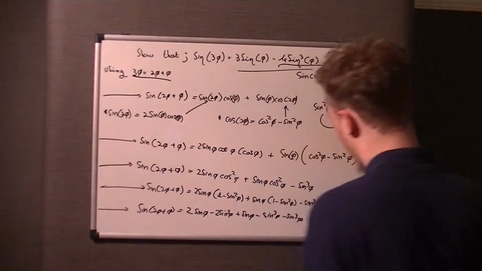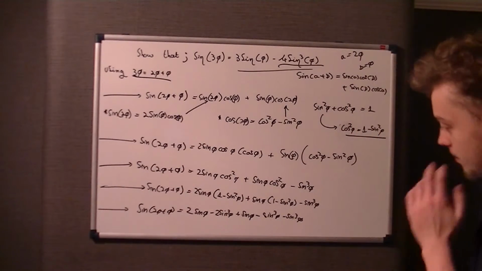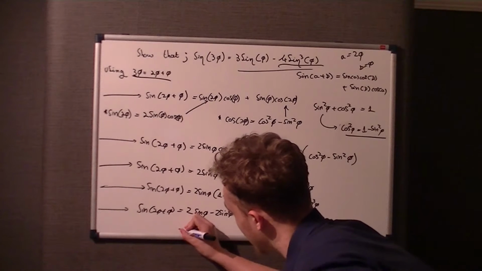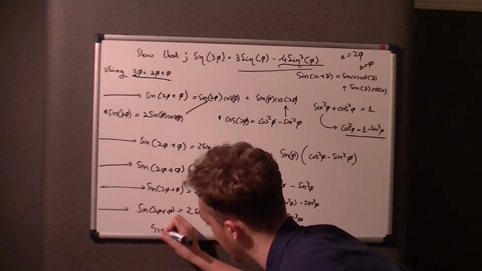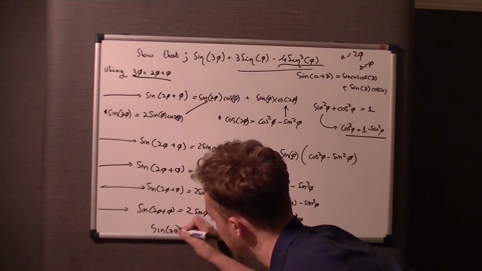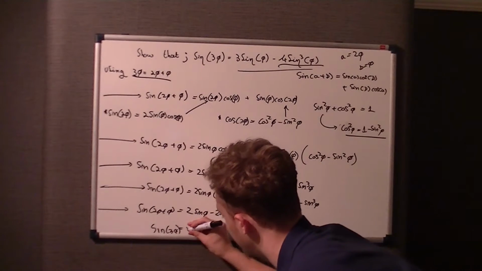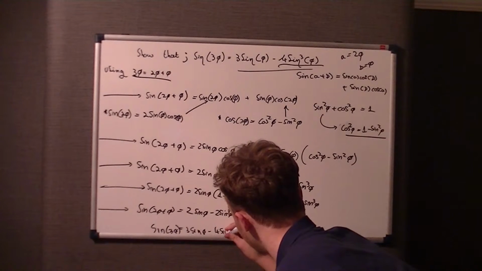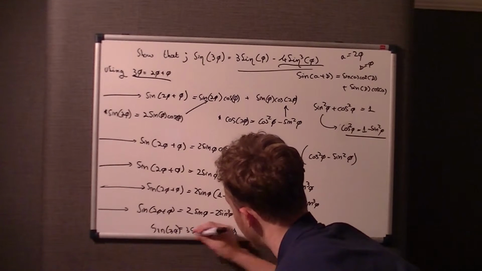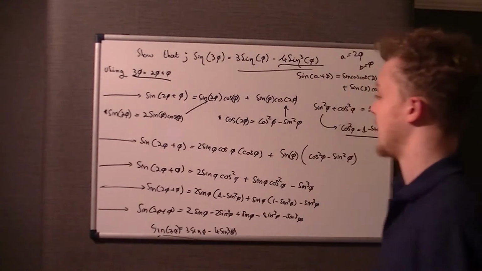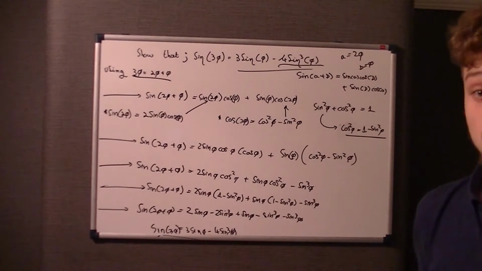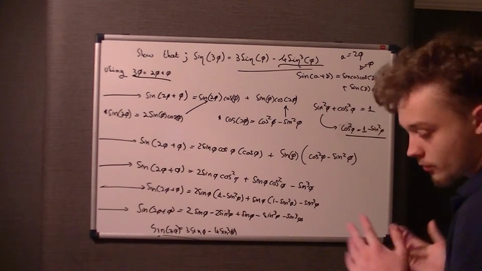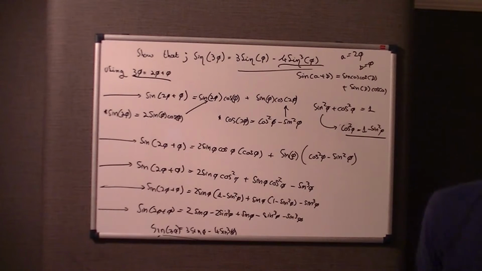Okay, so if you group them all together in terms of the sine cubed thetas and the sine thetas, that obviously therefore gets you sine 3 theta or sine 2 theta plus theta is equal to what it says above, so 3 sine theta take 4 sine cubed theta, and you put a little thing at the side saying as required, so the examiner can't knock you off any marks at all. Okay, so that is your answer to question 6, part A.